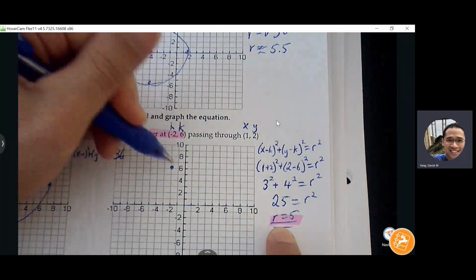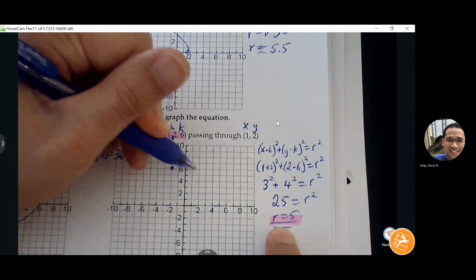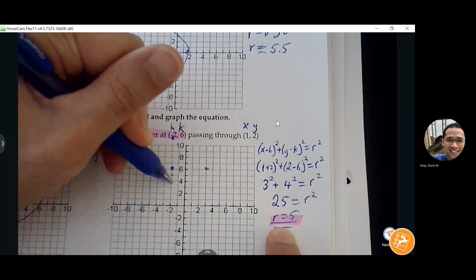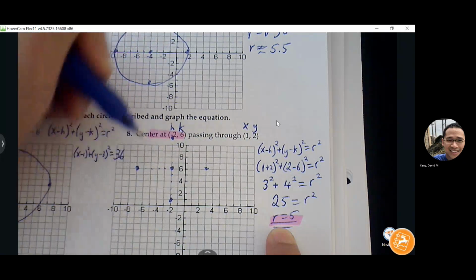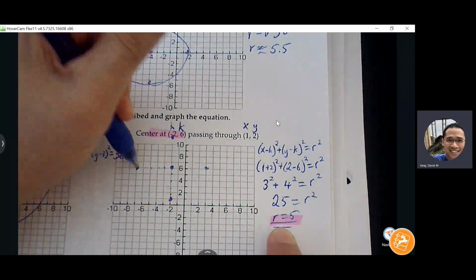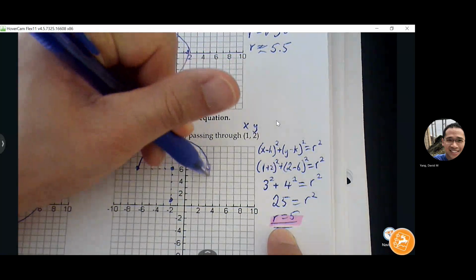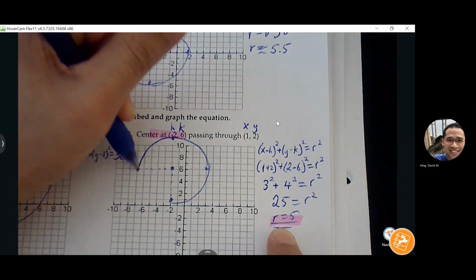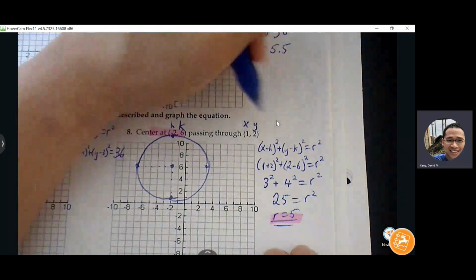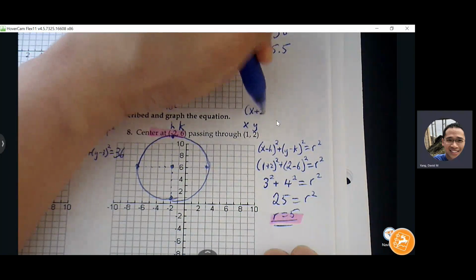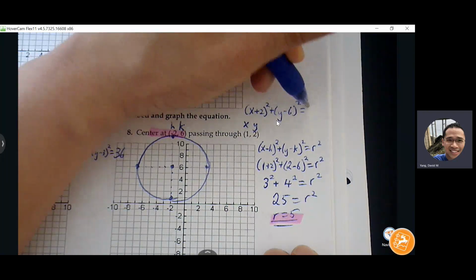It's going to be a little bit off the grid here. Okay, now we want to write the equation for our circle. So (x plus 2) squared plus (y minus 6) squared equals r squared.